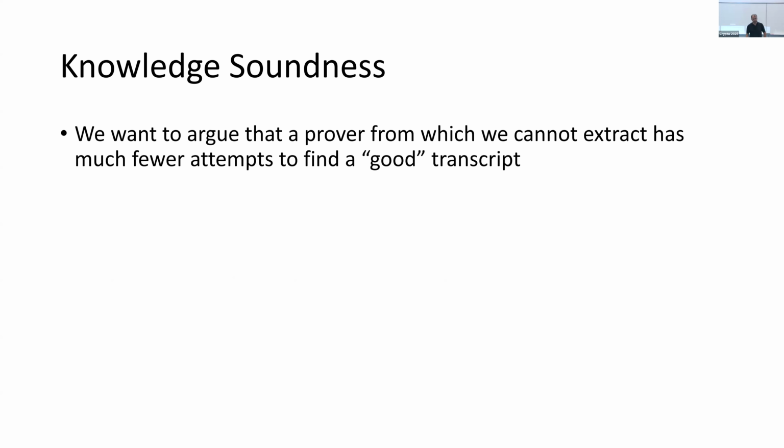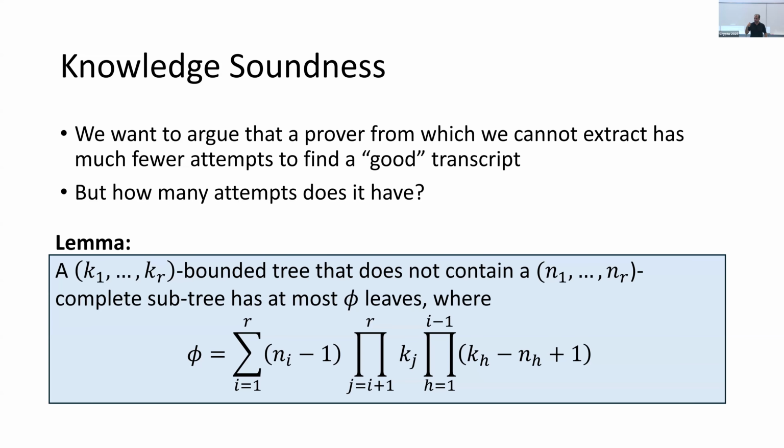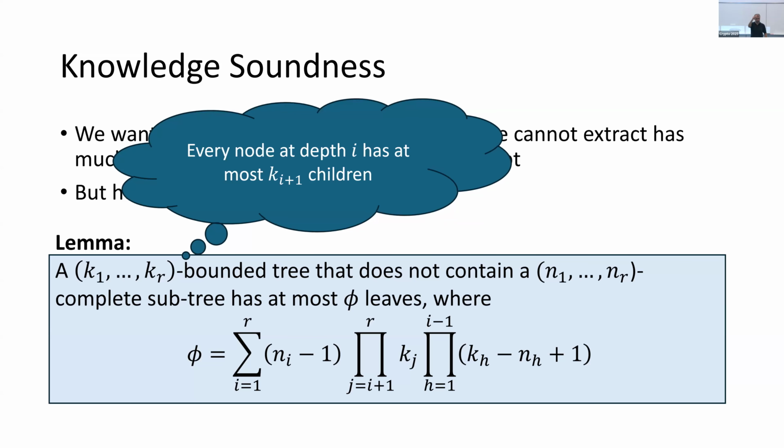But for knowledge soundness, now we want to argue that a malicious prover that tries not to induce a special soundness tree has much fewer attempts to find an accepting or a good transcript. For that, we need to introduce a combinatorial lemma that exactly bounds the number of leaves, or the number of transcripts, in a tree whose depth i is bounded by k_i or k_i plus 1, the arity.